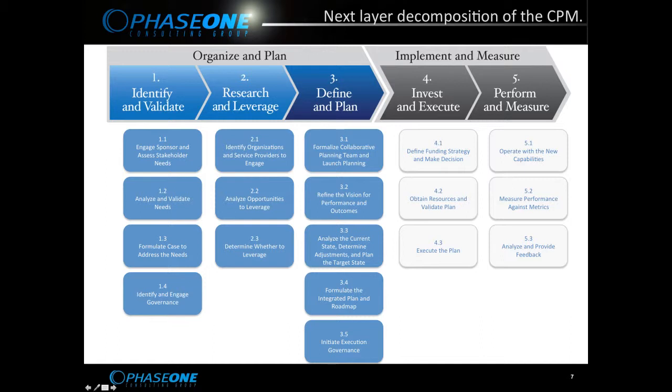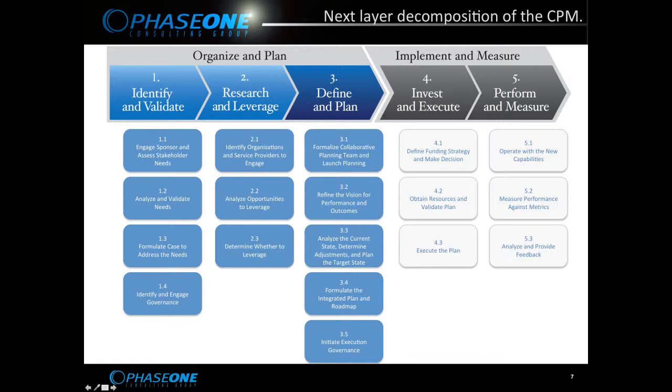In step 4, we define out that funding strategy. We make a decision about whether we're going to invest in the plans from step 3 and how those will be funded. Then we obtain resources and we validate those plans through those resources. So this is where we go out to procurement and get the resources we need and really validate, now that we've got procured resources, how we're going to then go through the execution.